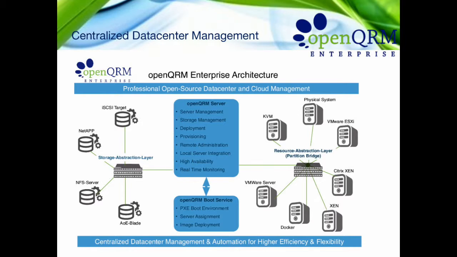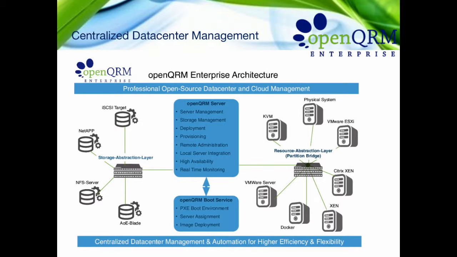There's also a native storage integration provided by openQRM Enterprise itself for iSCSI, NAS-based servers, and also CoRAID servers with the AoE protocol, which consists of a storage plugin in openQRM to make the specific technology available through the storage abstraction layer. So the main point we talk about today is a combination of both the resource abstraction layer and the storage abstraction layer.